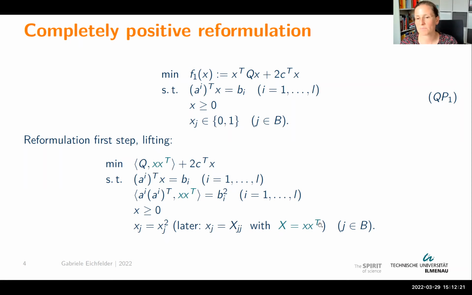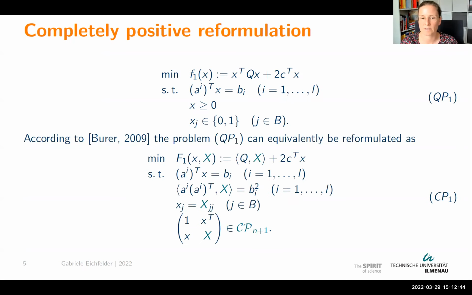The relaxation comes by the fact that in the next step, we ignore this equality here and we no longer write this additionally, and we allow for more general matrices here at this point. Not only rank 1 matrices with non-negative vectors, but matrices from the convex hull of rank 1 matrices, which will be exactly the cone of completely positive matrices. And this is now the relaxation.